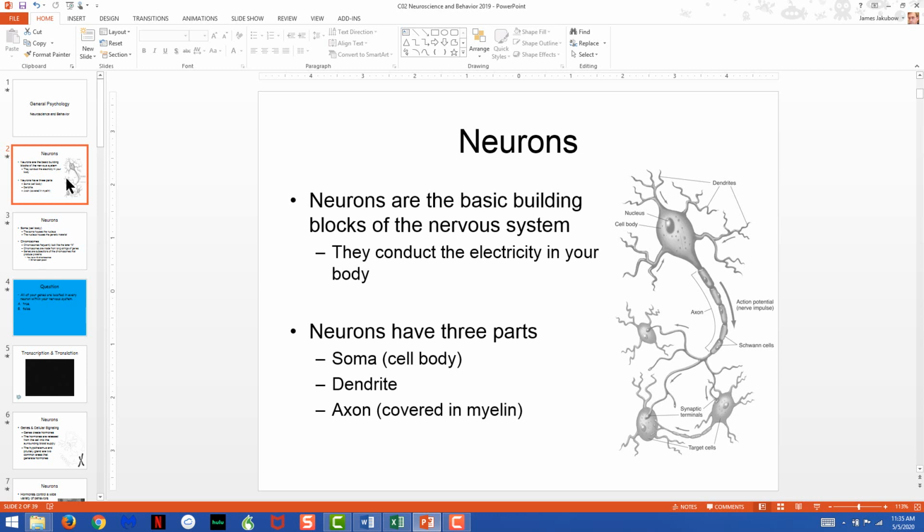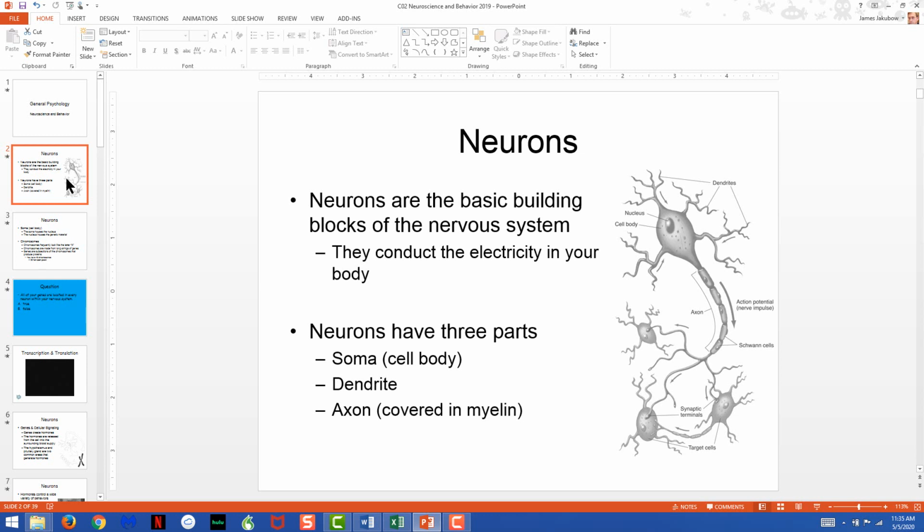The proper name for one individual cell is a neuron. And the primary job of a neuron, at least with respect to psychology, is that it will transfer electricity through it, and it will be part of an information processing system that will manage your thoughts, feelings, behavior, or any other thing that is associated with human psychology.